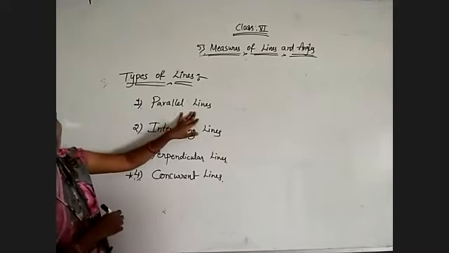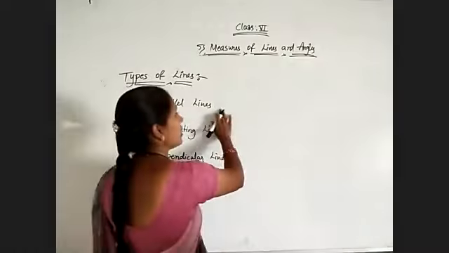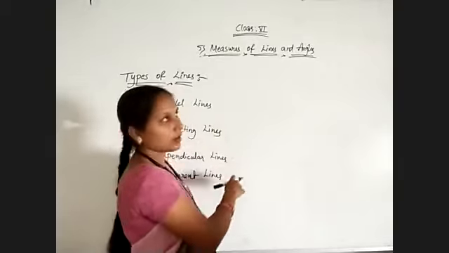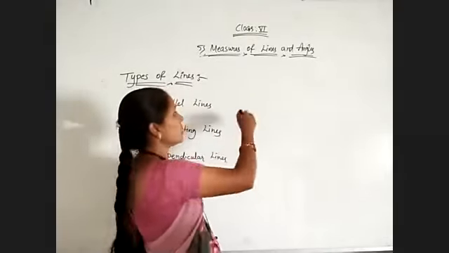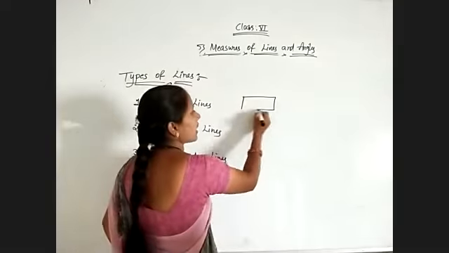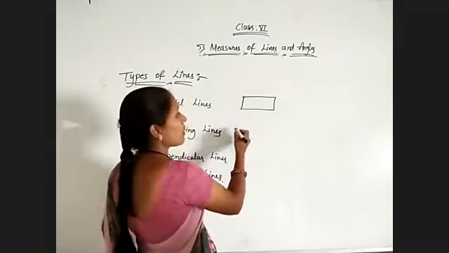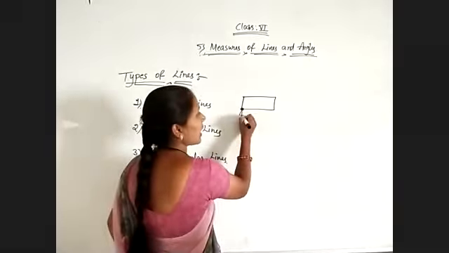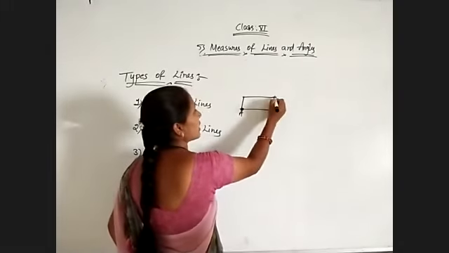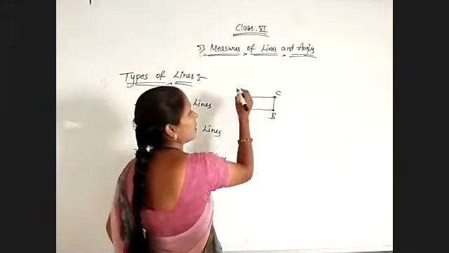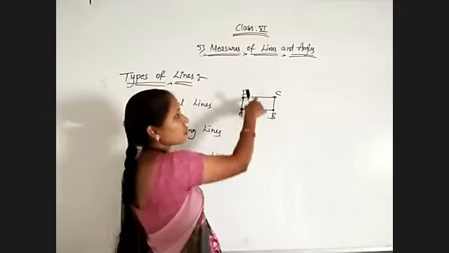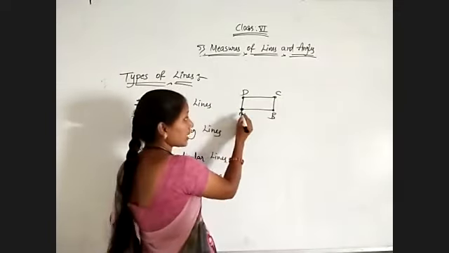Parallel lines are nothing but, see, observe the window, observe the board. It is in rectangle shape, yes or no? Now observe these line segments AB and CD. Observe those two. Are they meeting at any point?